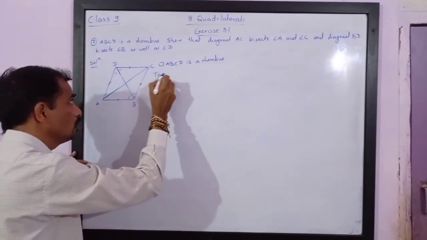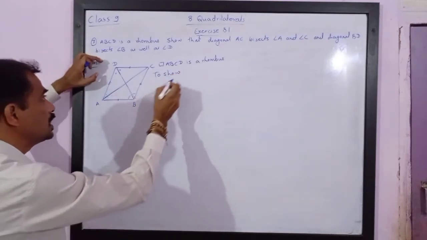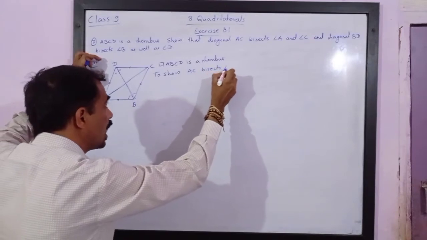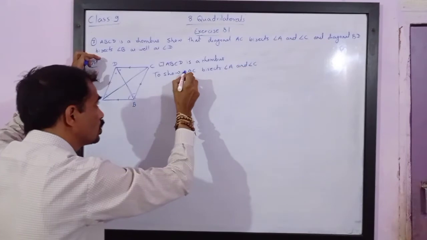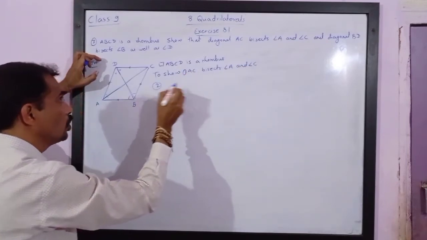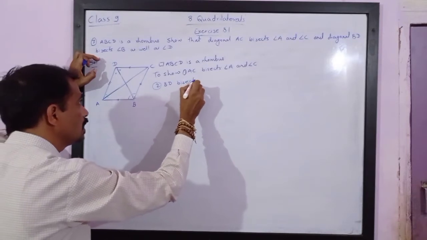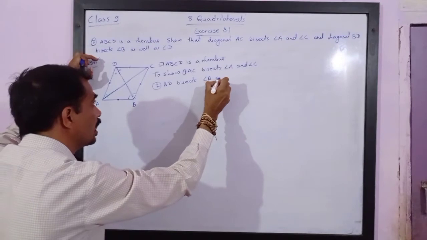And we have to show AC bisects angle A and angle C. First part. And second part, we have to show BD bisects angle B and angle D.